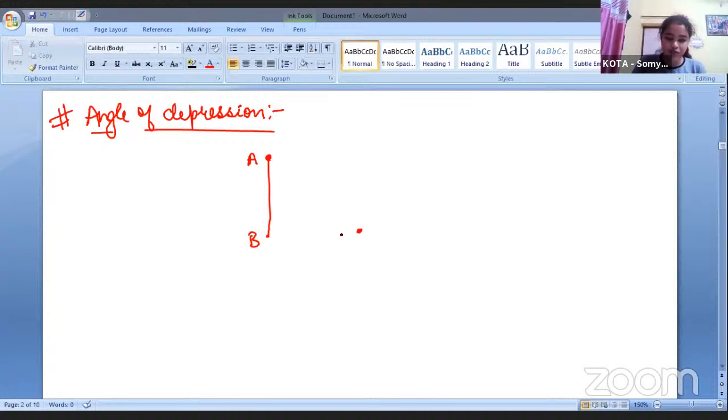So let me join the bottom of the tower to this point at which he's looking. Let this particular point at which he is viewing right now be C. And Krishna standing over here, so the line of sight would be this one.